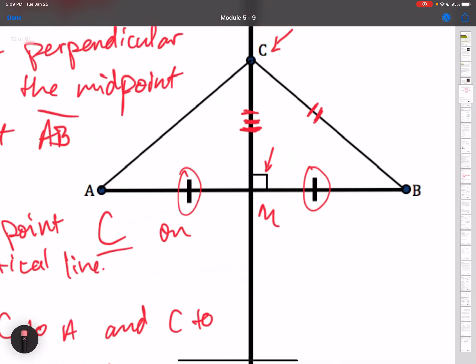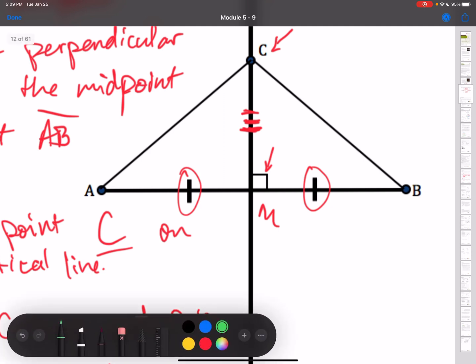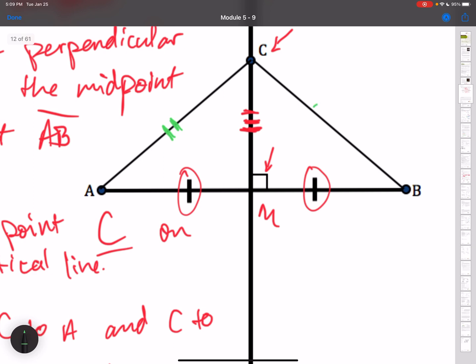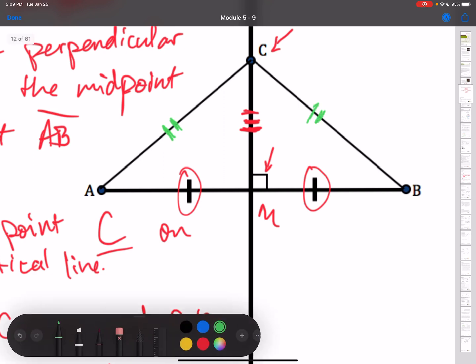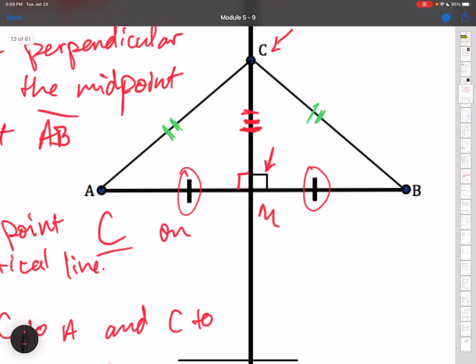So we want to prove that AC and BC are congruent. But what we know is in red here. We know that this is a right angle and that both of them are right angles, right? We also know that AM is congruent to BM, and we know that CM is congruent to itself.